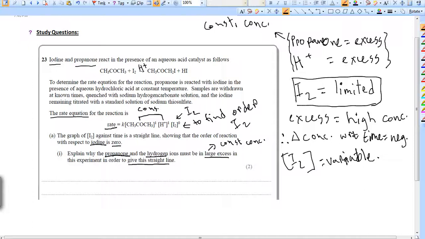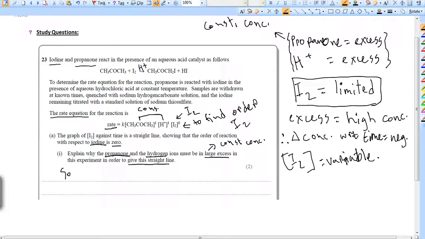Now let us come back to the answer. Let us discuss the answer. Explain why the propanone and hydrogen ions must be in large excess in this experiment in order to give this straight line. So why have we taken these in large excess?